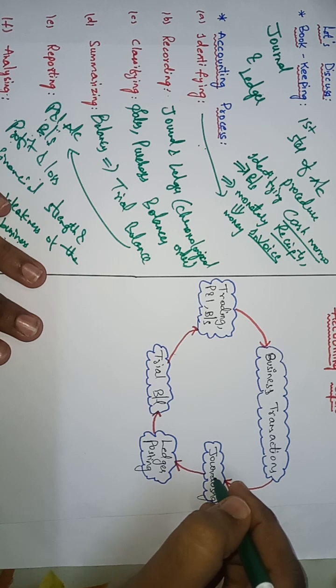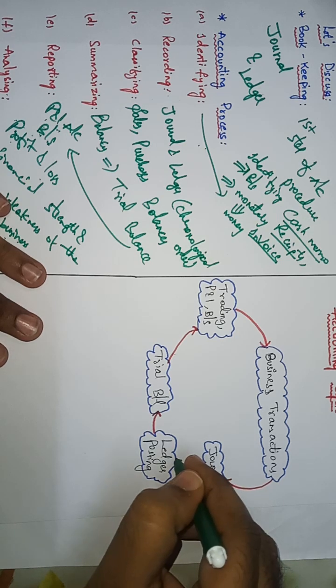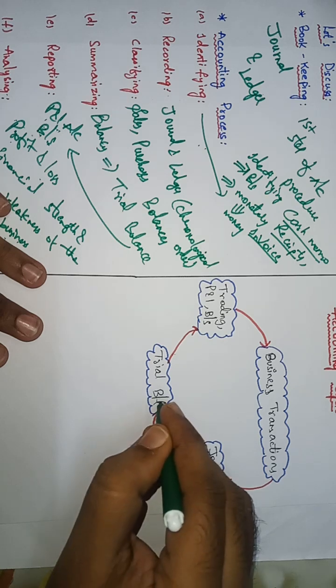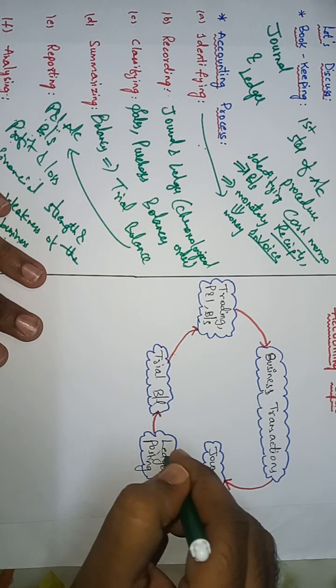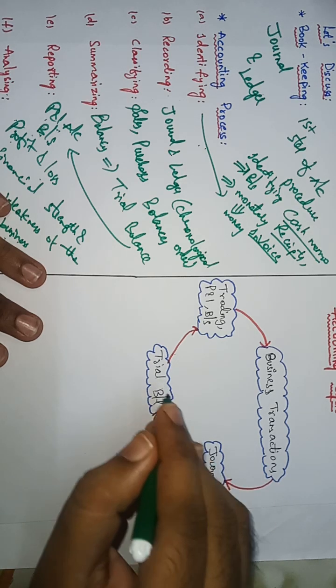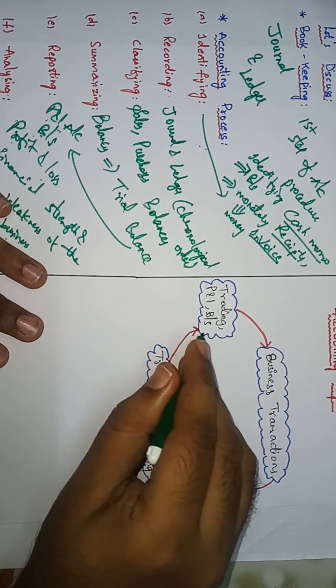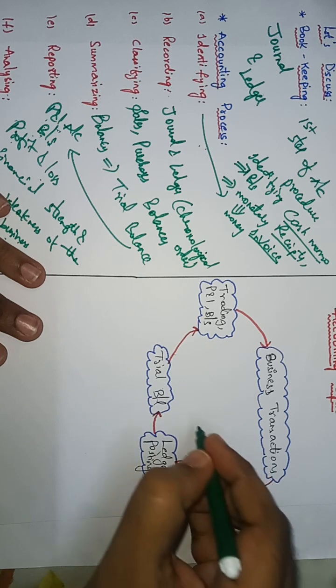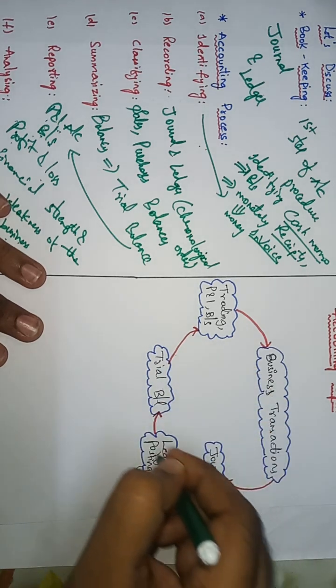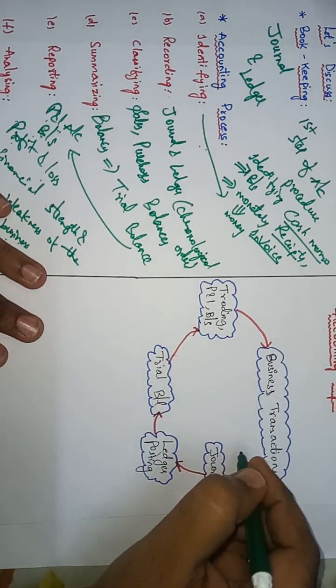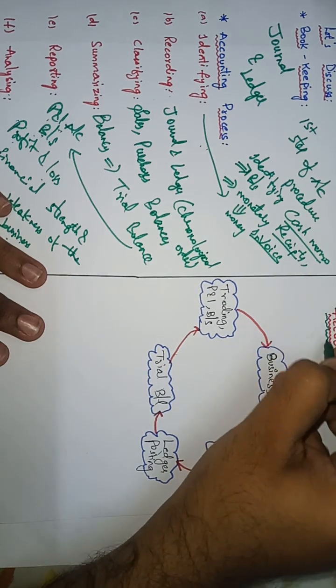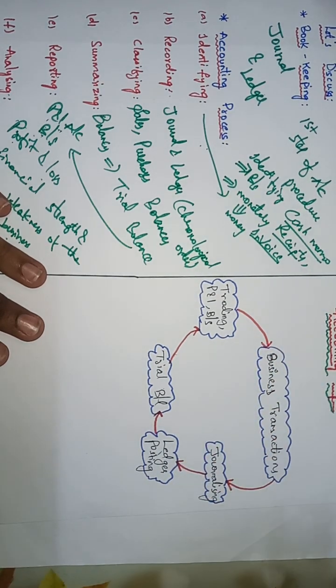Then these journal entries are posted into the ledger. Then the balances from these ledgers are extracted and the trial balance is prepared. From the trial balance, the trading account, profit and loss account, and balance sheet are prepared. Basically, this procedure follows a round circle shape, which is nothing but the accounting cycle.